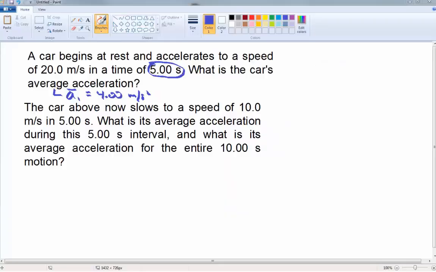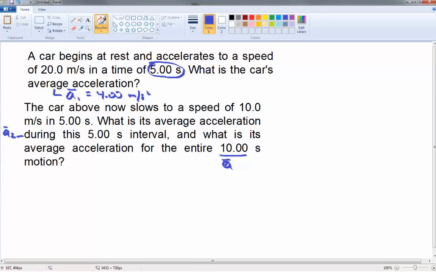So we can maybe call the acceleration in the second interval of time, the second 5 seconds, A2, and the one we found before is A1. And then for the entire time, we could call it just A.